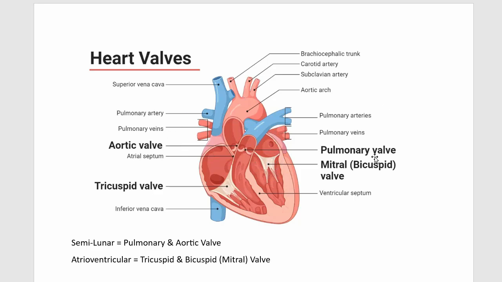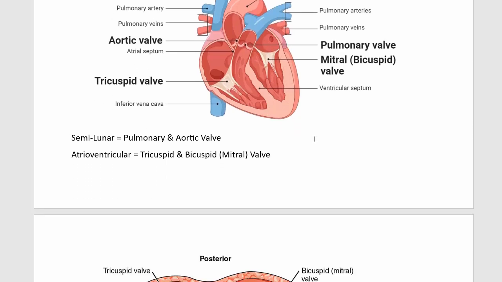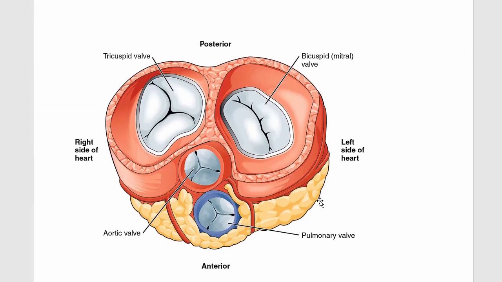Okay, so now we understand all the different valves. Three leaflets on the tricuspid valve, 3 on the aorta, 3 on the pulmonary, 2 on the bicuspid. Now, supposedly, these look like half moons.